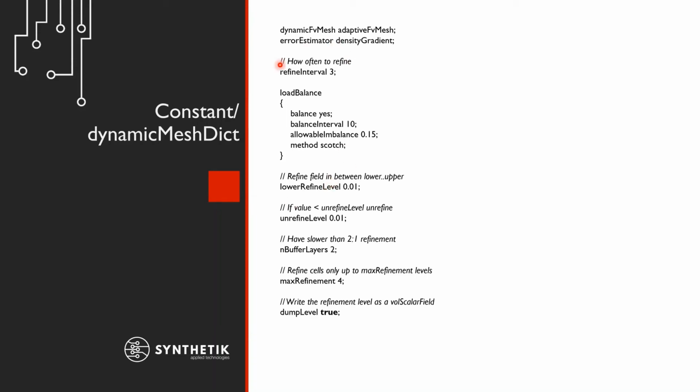And that is actually why we refine every 3 steps, because theoretically, if you use a Courant number of 0.5, you'd have 4 time steps before your shock could reach the boundary. So basically it just reduces how often you have to refine, which can save a fair amount of time.